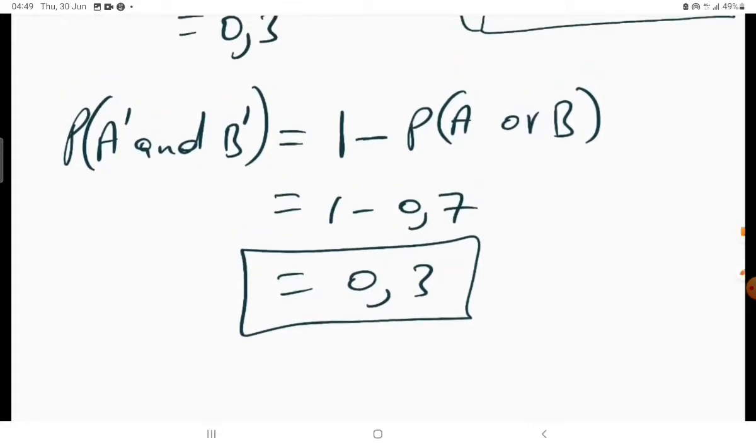Question 9.2. For any two events A and B, it is given that the probability of A and B is equal to 0.12, the probability of A or B is equal to 0.83, and the probability of B is equal to 4 times the probability of A. So we have that information. Now the question says, are the events A and B mutually exclusive? Justify your answer.